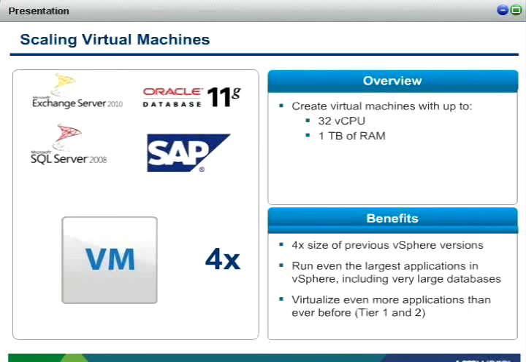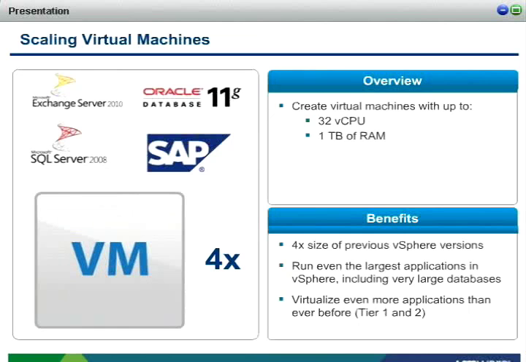So we'll continue to drive scalability from a number of angles, but this particular release was focused on increasing the size of the virtual machine itself and to increase that by a factor of 4. So again, a lot of flexibility now and the ability to run applications of just about any size inside of the virtualized environment. Now, scale and performance is all good, but as I mentioned before, availability is also a key construct that we need to make sure we discuss.